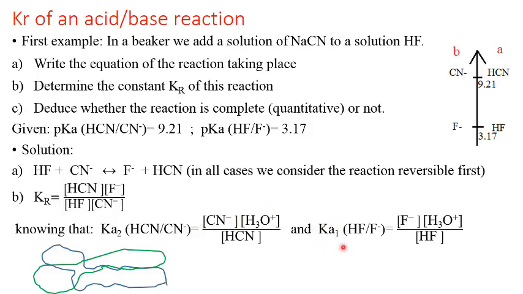And Ka1 for the couple HF/F- is also given in the following, which we have here: the conjugate base times the concentration of H3O+ over the concentration of the acid. Now we have to return again to Kr, and we have to multiply the numerator and the denominator by the H3O+ concentration as we did previously.